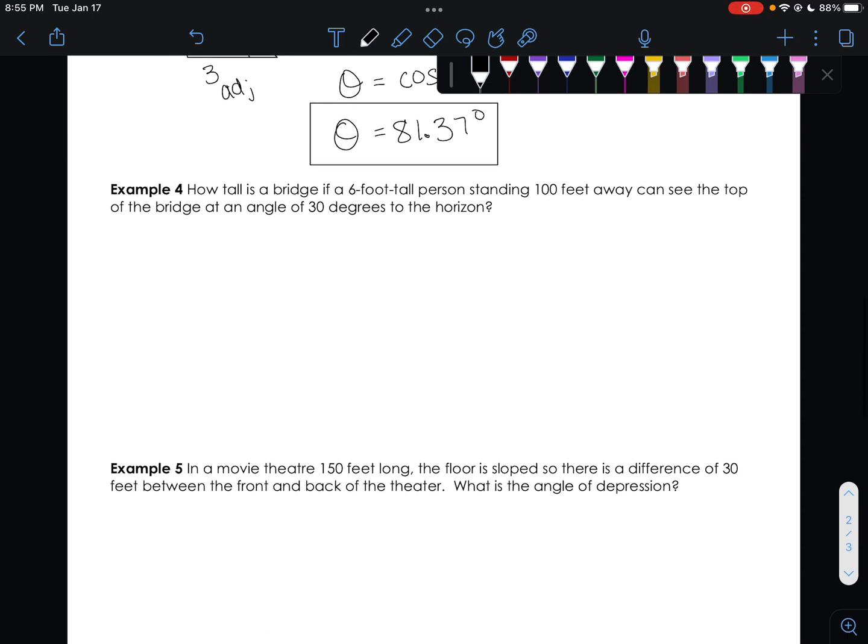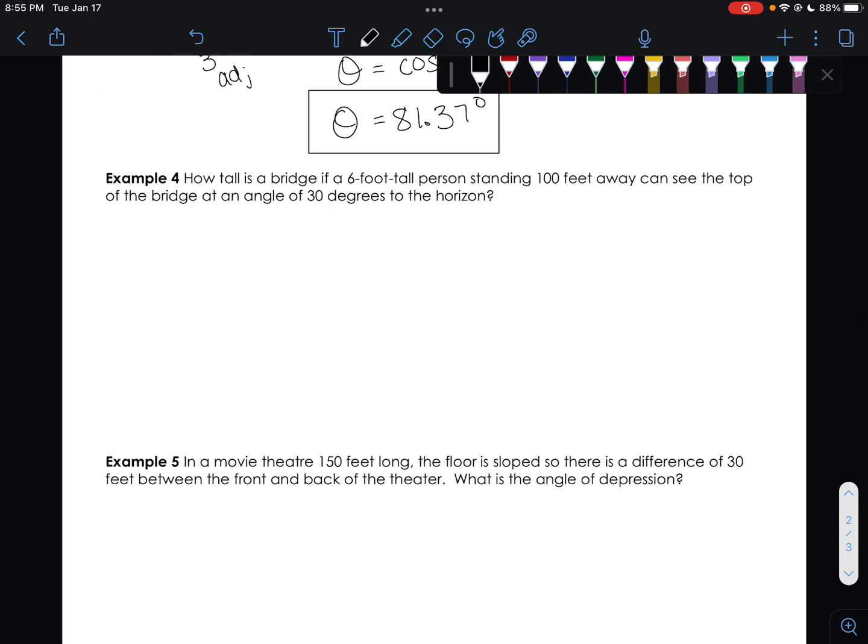Okay, looking at the next one, how tall is a bridge if a 6-foot tall person is standing 100 feet away and can see the top of the bridge at an angle of 30 degrees to the horizon? So we have a person here that we know is 6 foot. He's staring at a bridge. So this is my bridge.